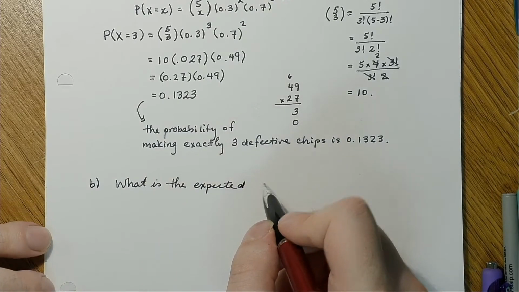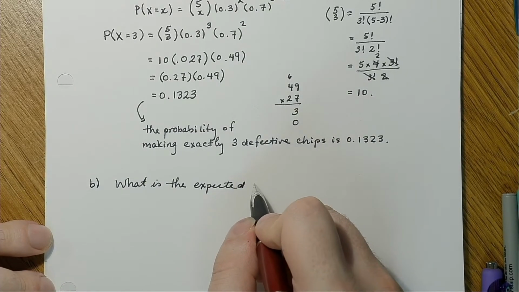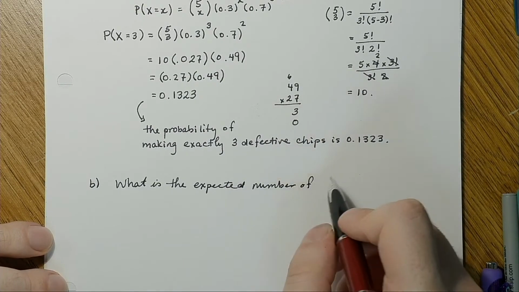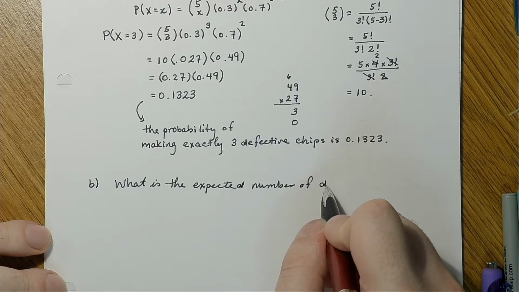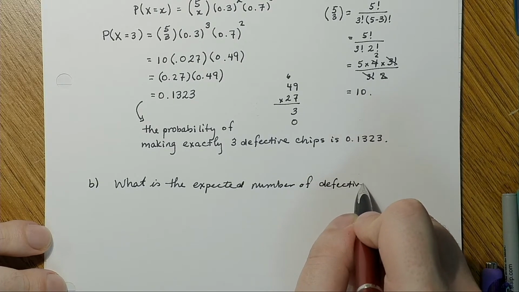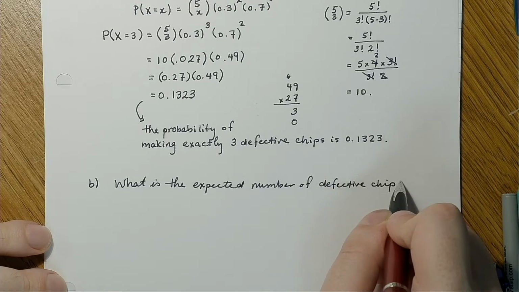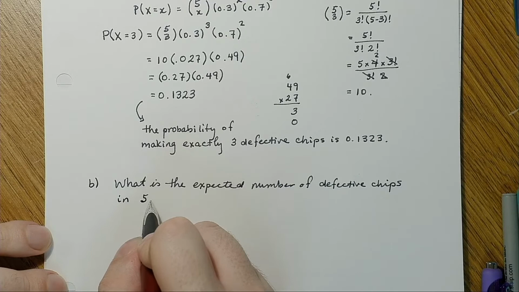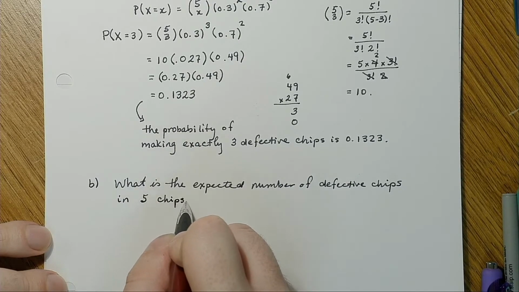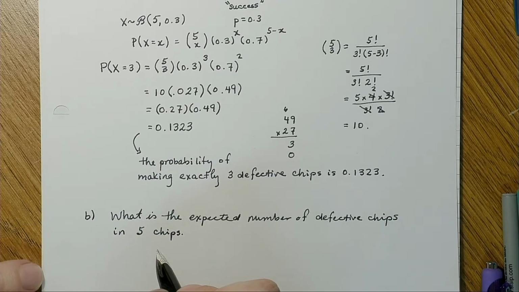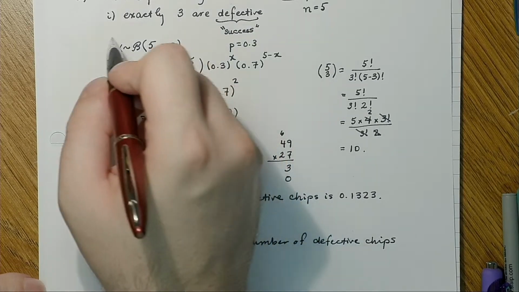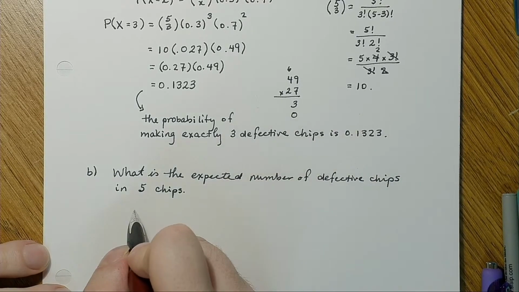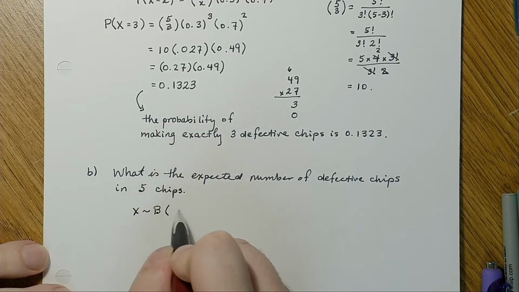Let's just do one more question just before we wrap up. What's the expected number of defective chips in 5 chips? Again, we can keep our binomial random variable. I'll just write this out for completeness.